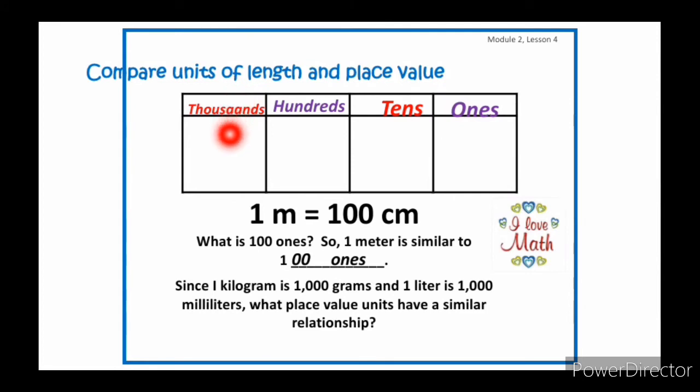When I unbundle 1,000, I will have 1,000 ones. But since our units will be in terms of grams, I'll write grams. So it will be 1,000 grams to give us 1 kilogram. And 1,000 milliliters will also give us 1 liter. You always have to remember this relationship because it helps you to convert correctly.